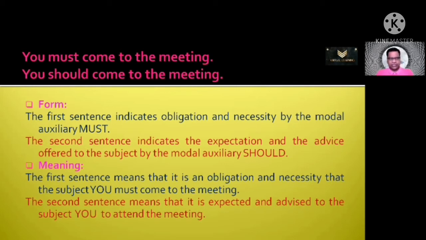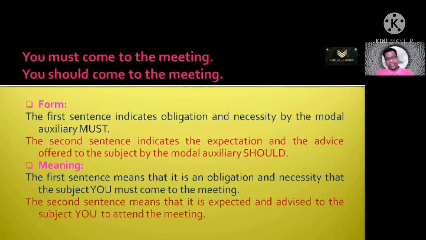Maybe he is serving the company or the organization, either in some capacity in the hierarchy, or else he may be the employee over there. So you can simply say, you must come to the meeting. It is the obligation to you. It is the necessity of time that you must come to the meeting. You cannot avoid that. You cannot skip it.